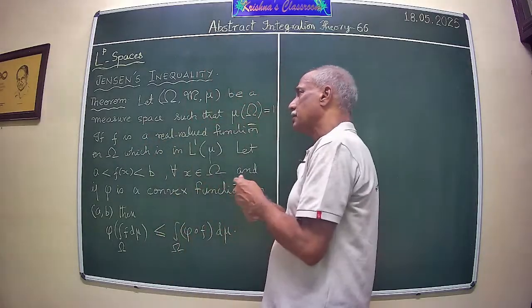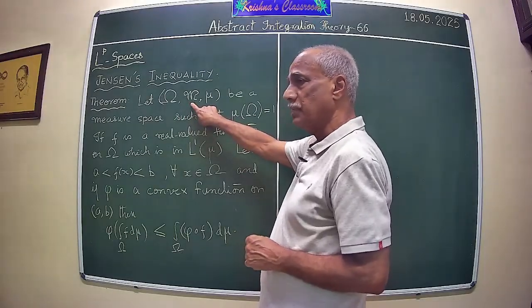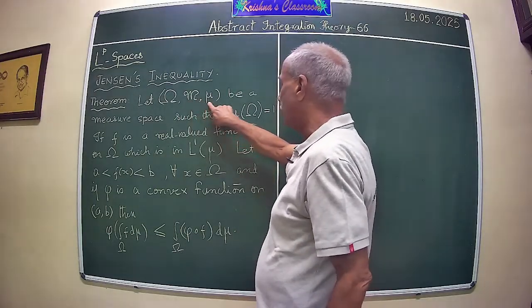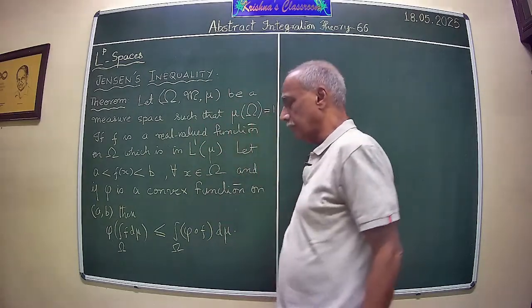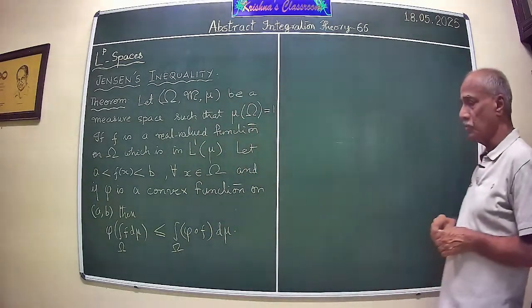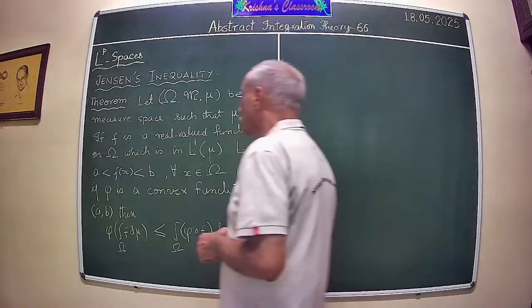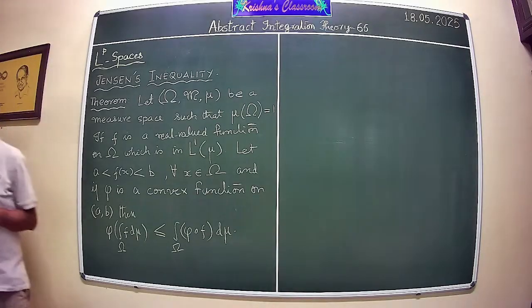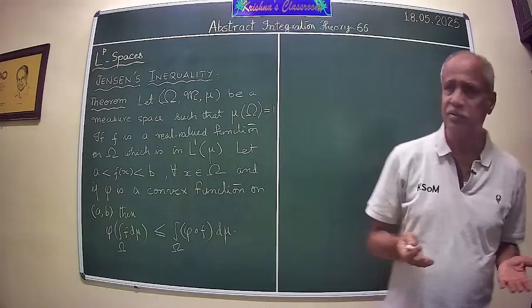That means omega is the set, script M is the sigma algebra, mu is the measure, such that mu of omega equal to 1. That means the measure mu is such that mu of omega equal to 1. In other words, we are talking about a probability measure.